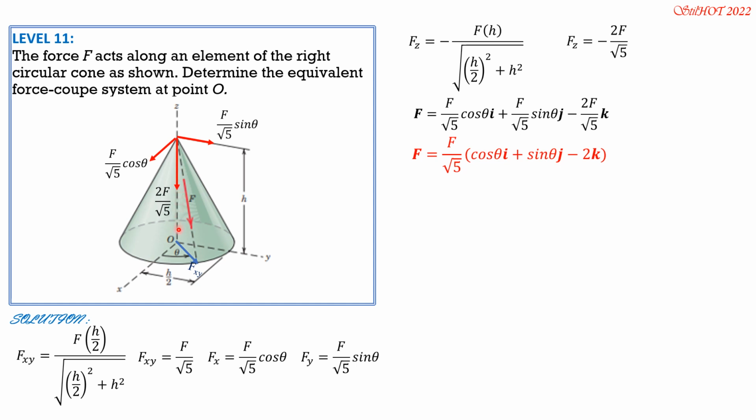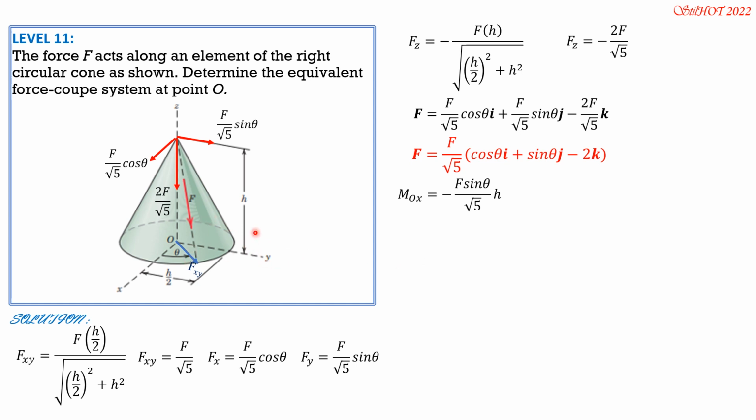Fz, no moment because it passes through OX. Only this Fy component. But the positive sense of moment is in that sense. This moment of Fy is in the opposite sense, so therefore it is negative F over square root of 5 sine theta, moment arm h.